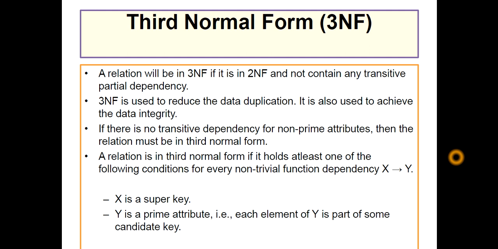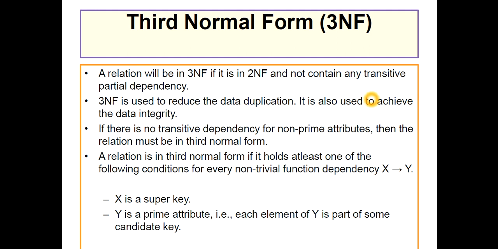Now, a table or a relation will be in third normal form if, first of all, it is in second normal form. That means if some partial dependency, that is, some part of a candidate key, is deriving something, then we have to break it and remove that partial dependency. So it should be in second normal form, and it should not contain any transitive dependency.